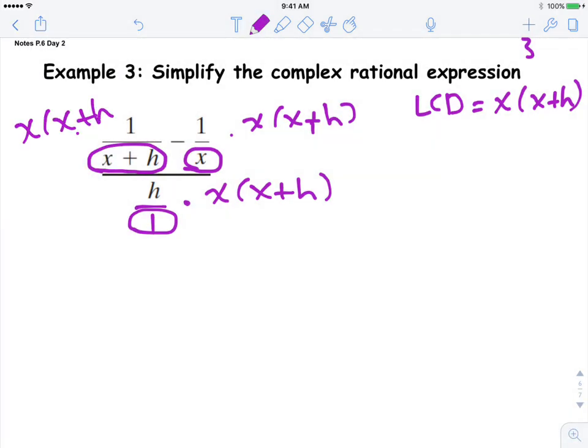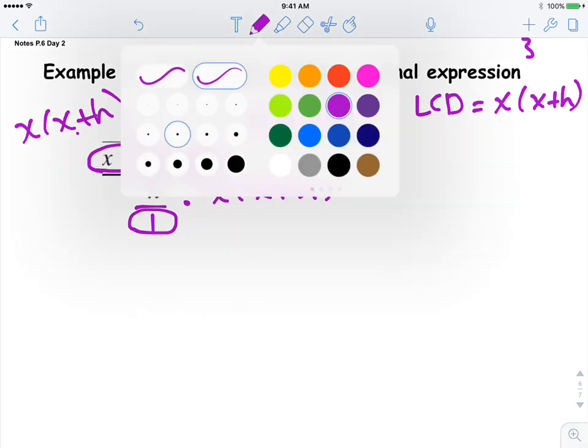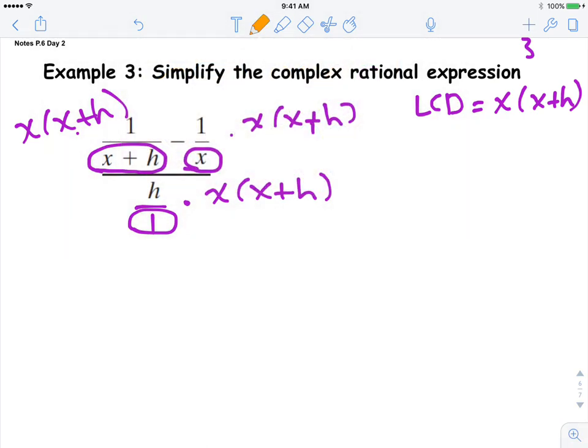All right, now we're ready to start canceling any common factors. So the first fraction has a common factor of x plus h. The second fraction has a factor of x. And the third fraction doesn't have a common factor. So what are we left with?